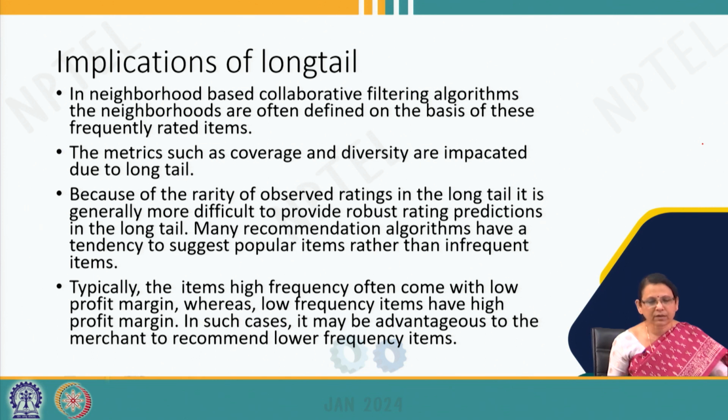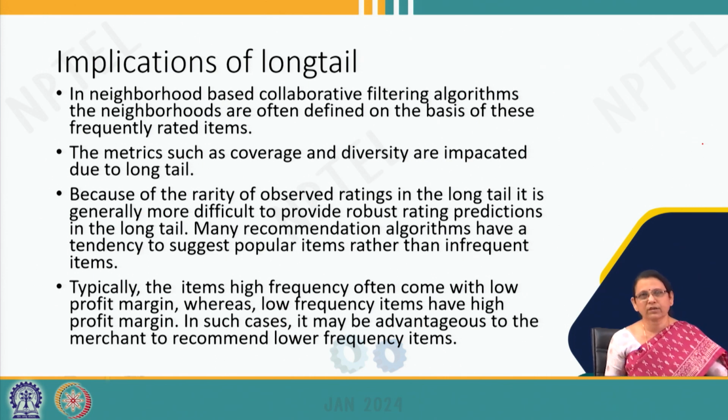In a neighborhood based approach, most of the time, if you are not a little careful, the neighborhood will be decided based on frequently rated items. As a result, mostly the popular items with high frequency will be predicted. Therefore, metrics such as coverage and diversity are affected.